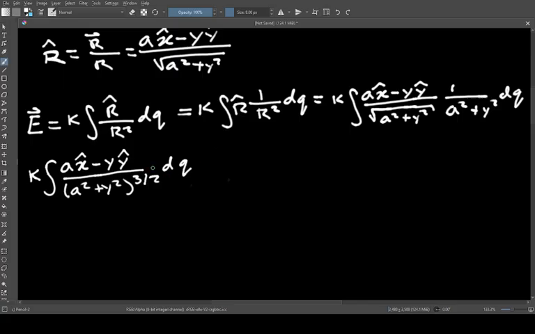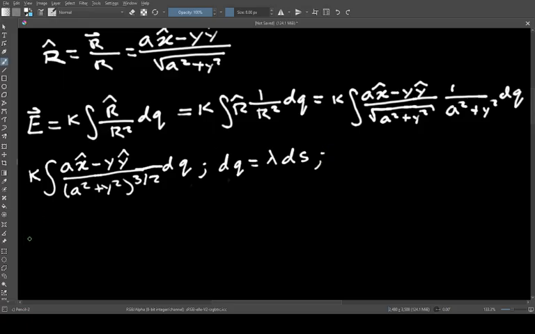Alright. Now, for a thin rod, dq is going to be equal to lambda ds. So let's go ahead and rewrite this further.